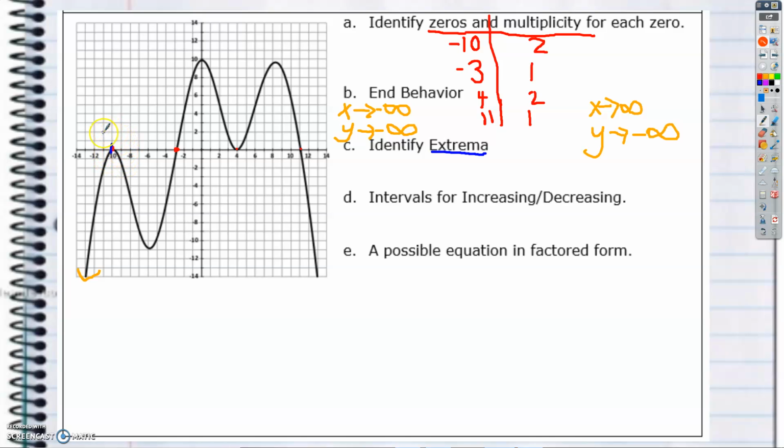Since that is a max point and it is the relative highest point on some interval, it is a relative max. And then right here is a relative min because that's the lowest point for some interval.